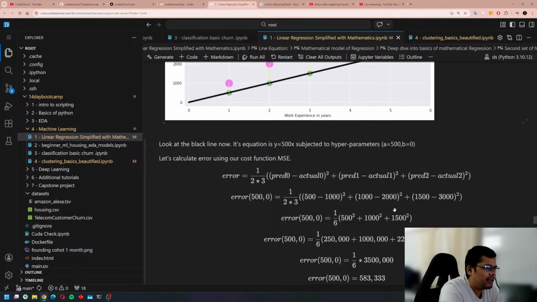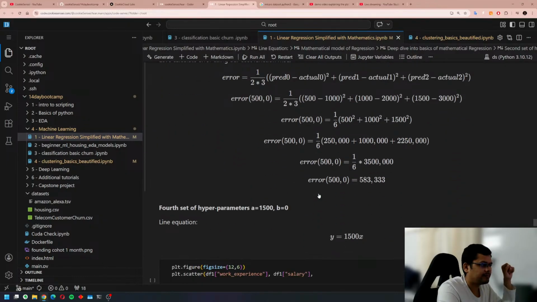The mathematical error at this point becomes first prediction minus first actual value, 500 minus 1000, to the whole square, 1000 minus 2000, to the whole square, and so on. You would see that the error is 500,000, which is lesser than before. So definitely this equation of y equals 500x is doing better than the previous equation. Take a note of that.